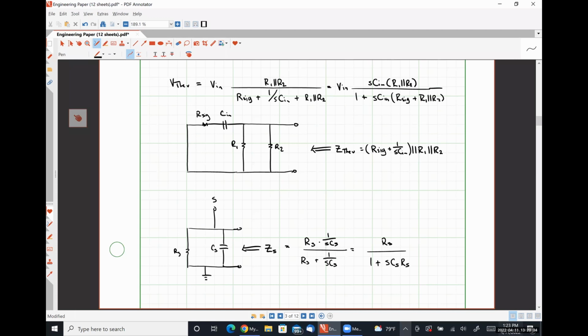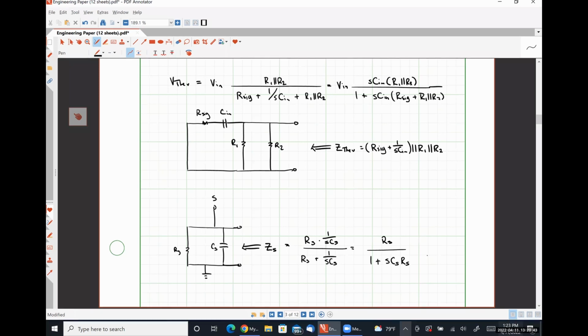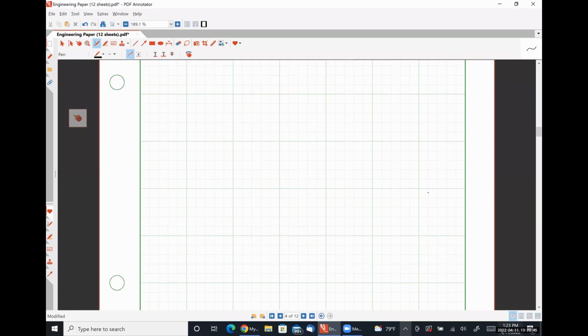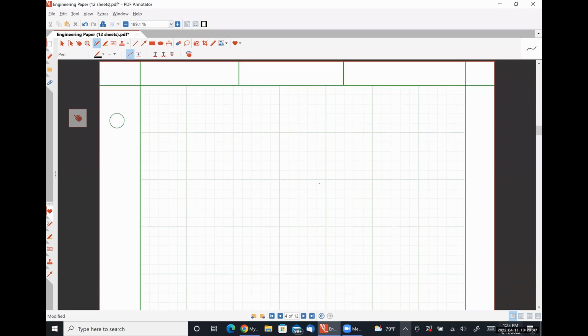So what we are going to do now is redraw our original circuit using these simplifications. So that's going to look like this. Here's VDD.